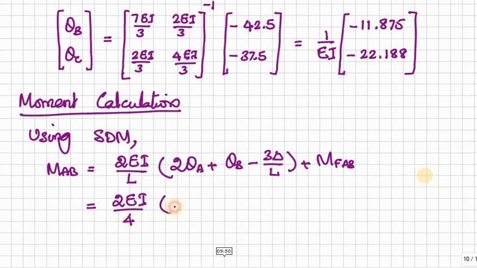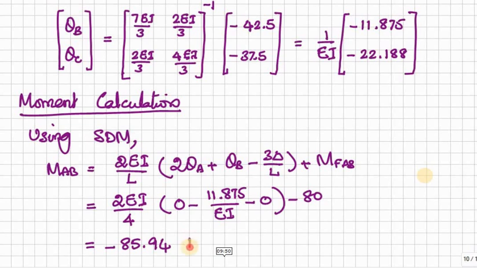L is equal to 4 meter. Theta B is equal to minus 11.875 by EI. And MFAB, that is the fixed end moment, is equal to minus 80. Therefore, MAB is equal to minus 85.94 kilonewton meter, that is acting in anti-clockwise direction.